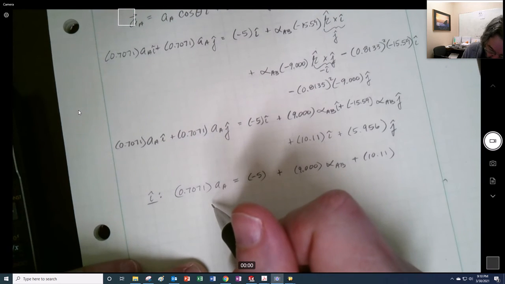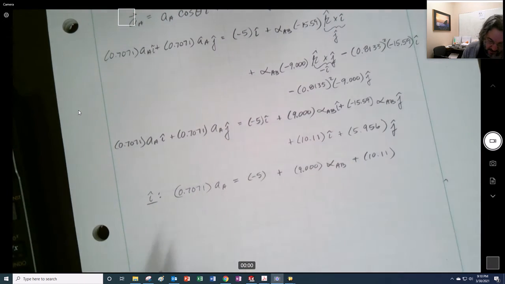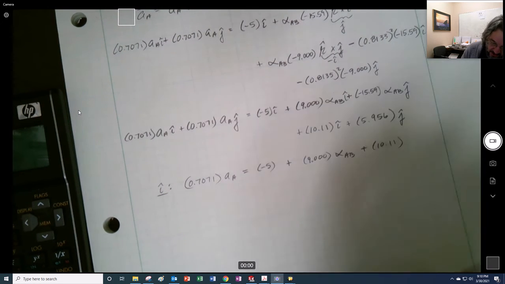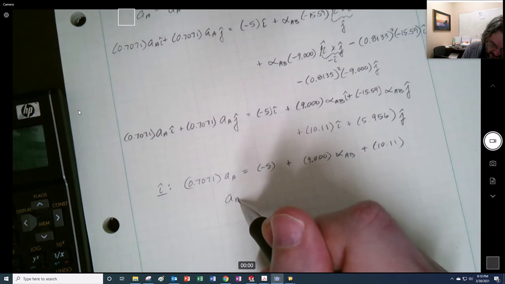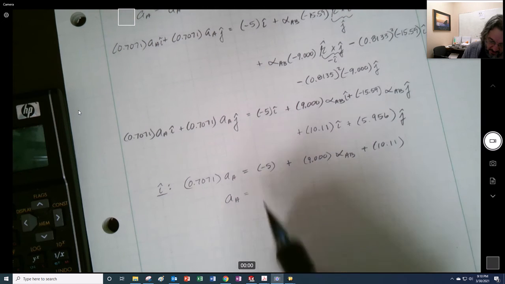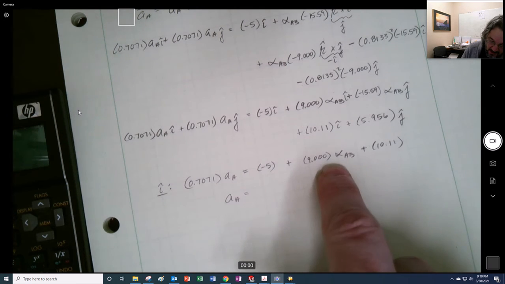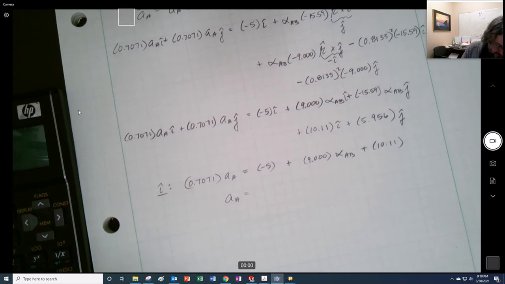So we can simplify this a little bit and maybe even set it equal to right here. So we could say that AA is going to be equal to, we'll take 5 and subtract it from here, right there, right? And divide that by 0.7071.